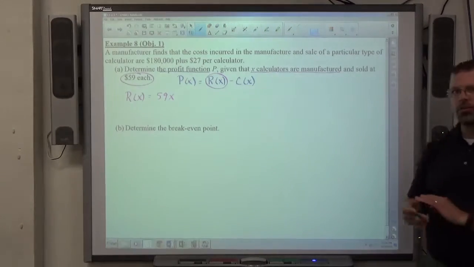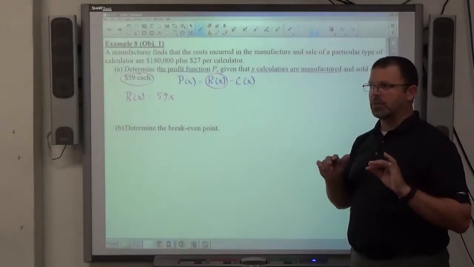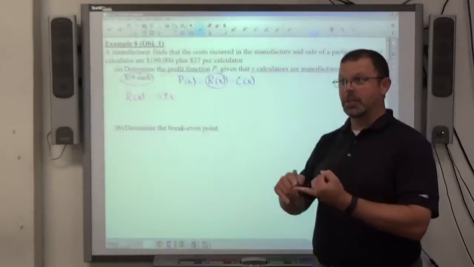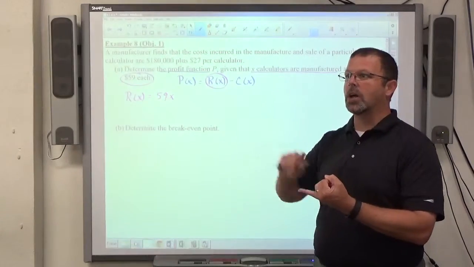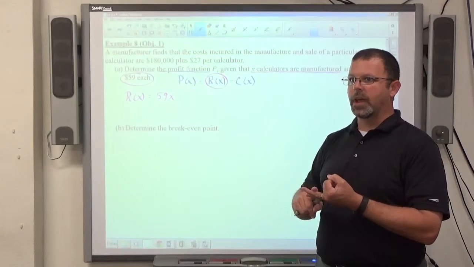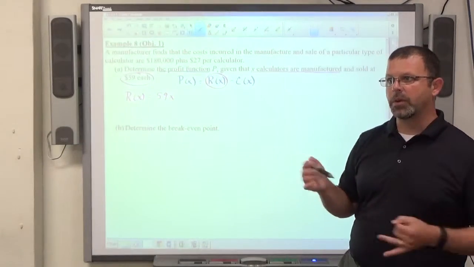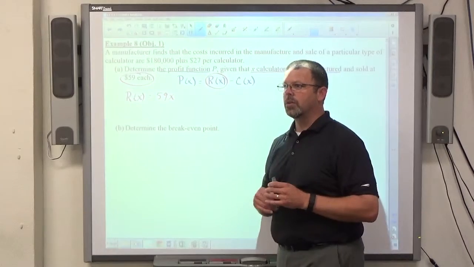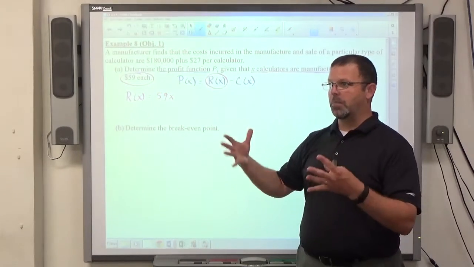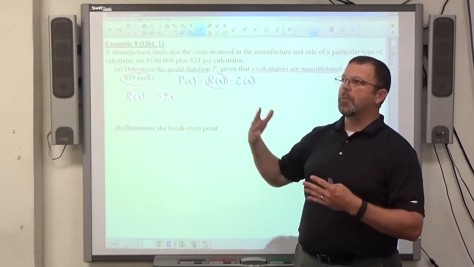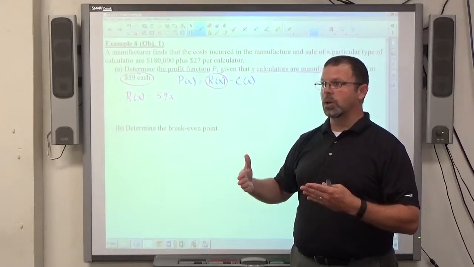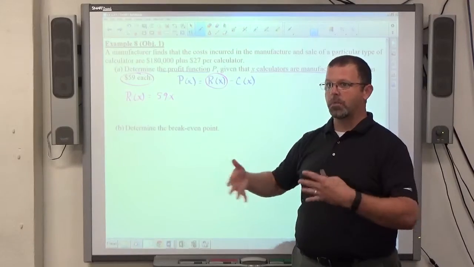Cost function is usually a mixture of a couple things. How much does it cost in materials plus labor force? That's a per unit cost, along with usually a set fixed cost for whatever building you're going to use or maybe the equipment you're going to use. So if I have to buy some machines to help build the calculator, the machine costs a certain amount of money. If I have to hire a person to work the machine, I have to pay that person per hour, per unit, per something.